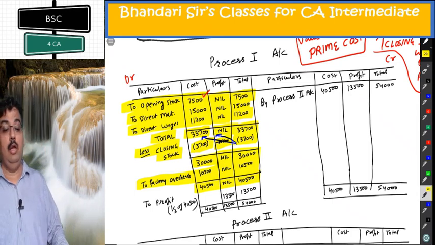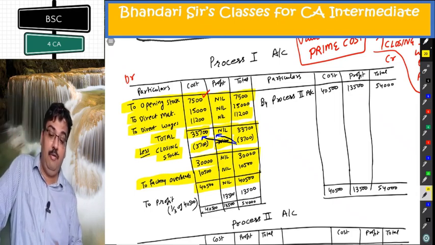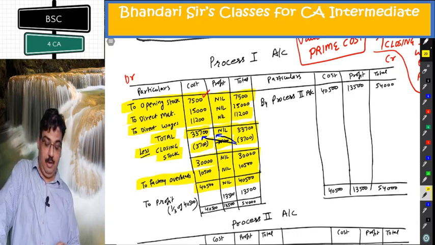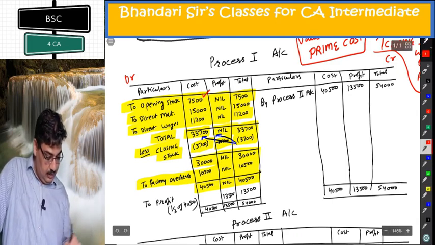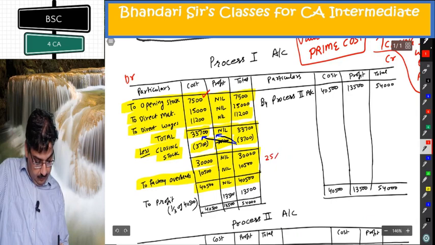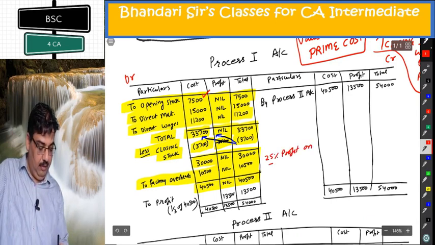Output of process 1 is transferred to process 2 at 25% profit on transfer price. What is it saying? 25% profit on transfer price. What is transfer price? Selling price.